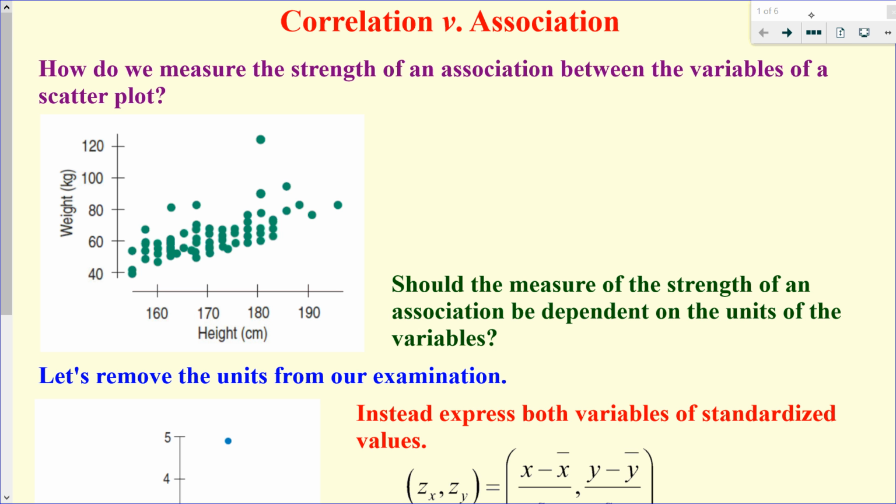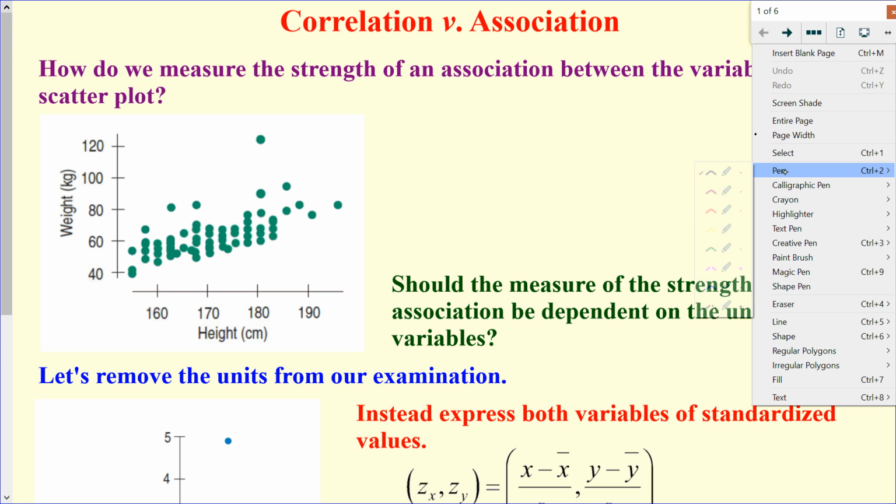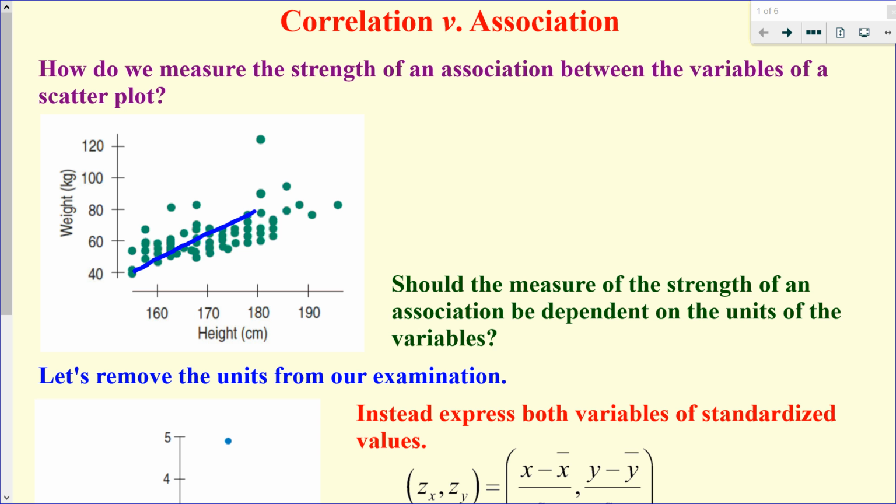So how do we measure the strength of an association? We previously talked about it could be weak, moderate, or strong. If we're looking at these two variables in this scatter plot, height versus weight, we can clearly see a linear shape passing through this graph, maybe a little bit off there.